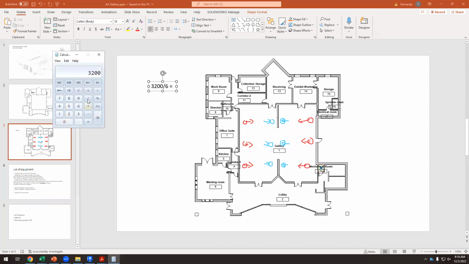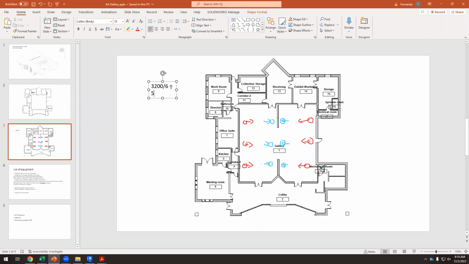Calculator: 32 divided by 6. It's like 533 CFM per diffuser. So each supply and return diffuser would have 533. All these diffusers will have the same CFM as supply and return.